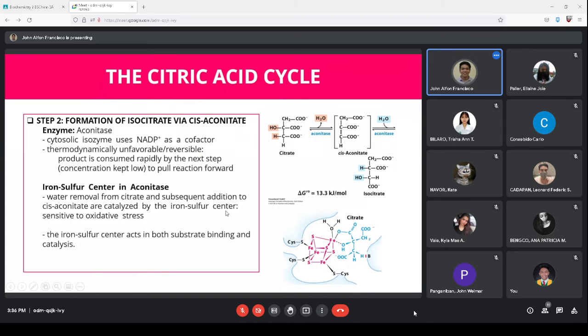So it helps with the further removal and addition of water. This is sensitive to oxidative stress, and the iron sulfur center acts in both substrate binding and catalysis. It not only helps in substrate binding, yung pag-remove and pag-attach nung water, but also in catalysis.